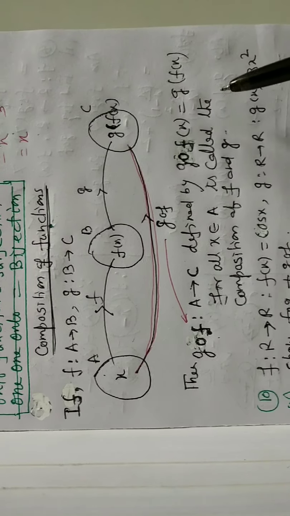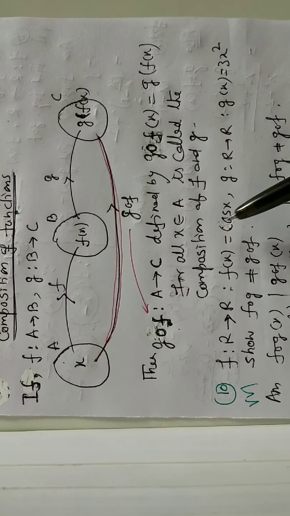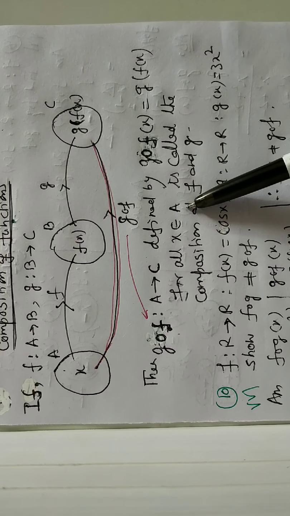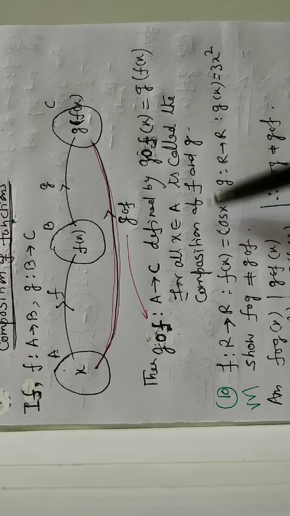This is for all x belonging to A. This is called composition of f and g.